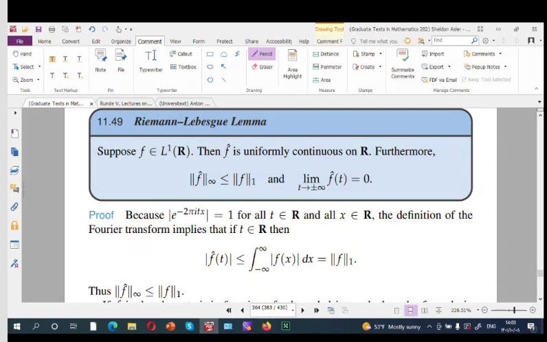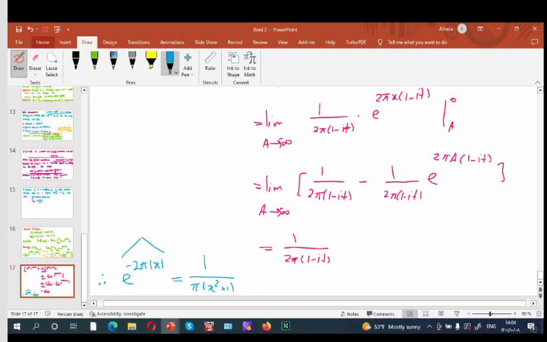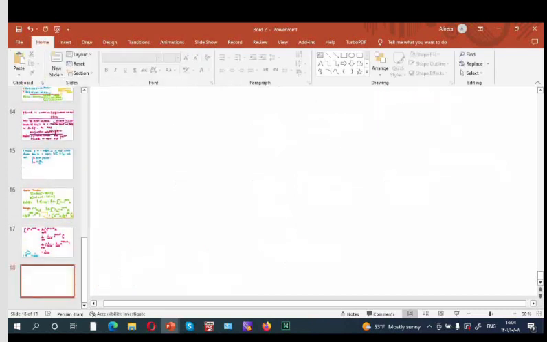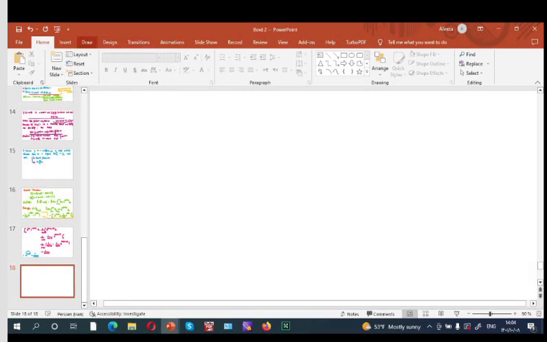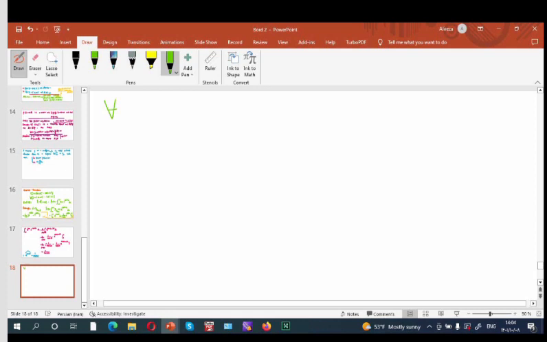You know that for any alpha in R, we know that e to this power equals this.